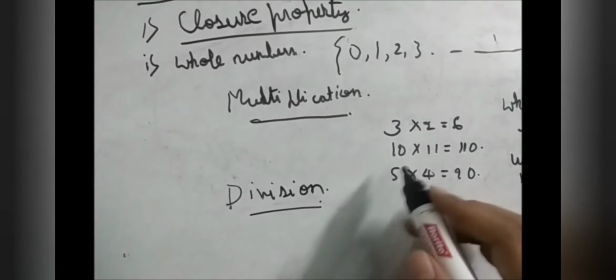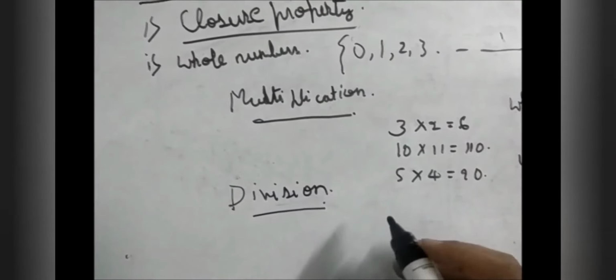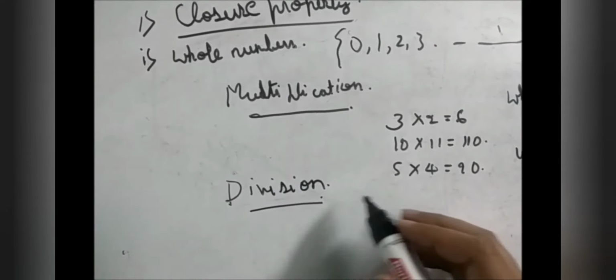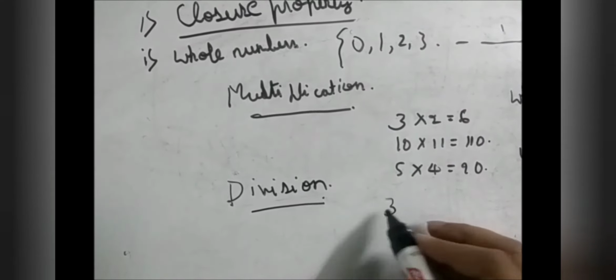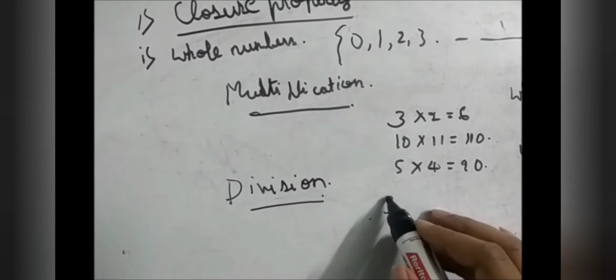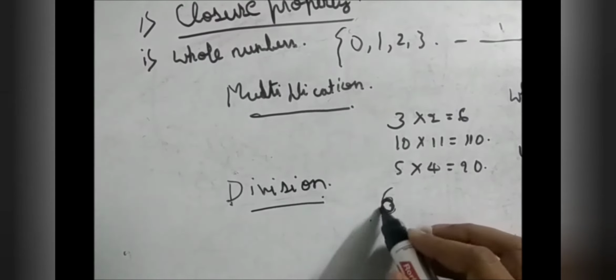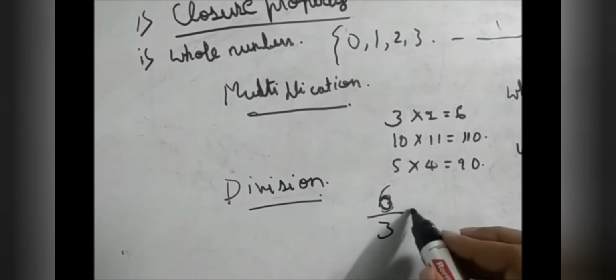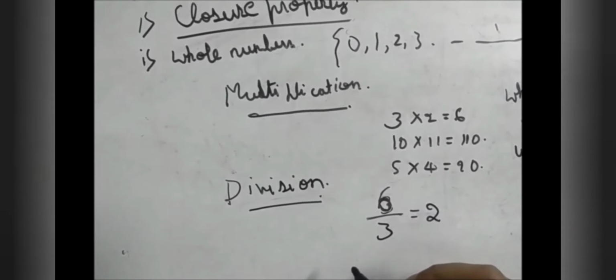We can consider any element from the set of whole numbers for checking any of the properties. Let's take 6 divided by 3, we get 2.